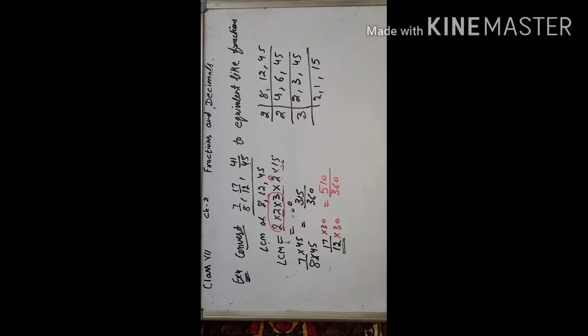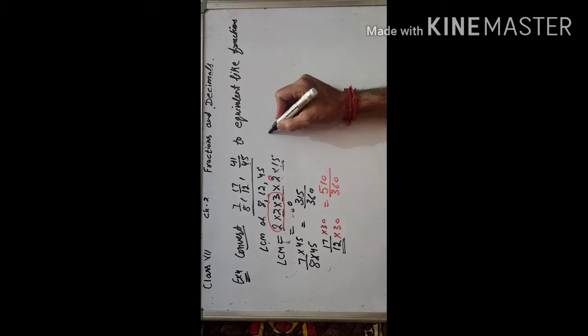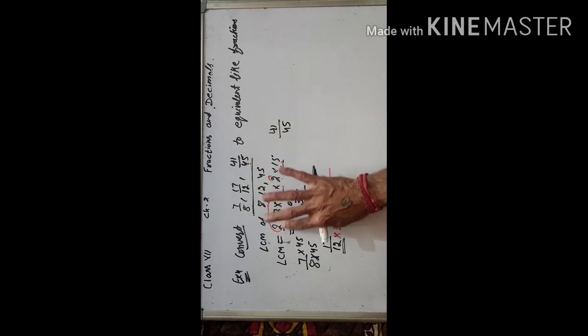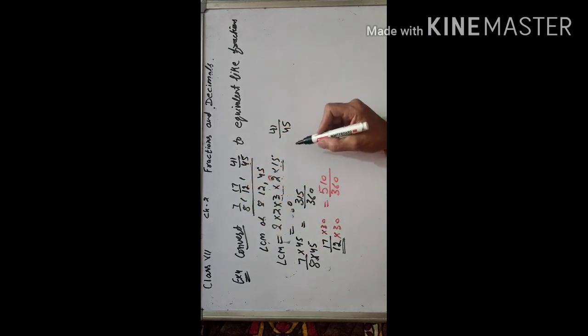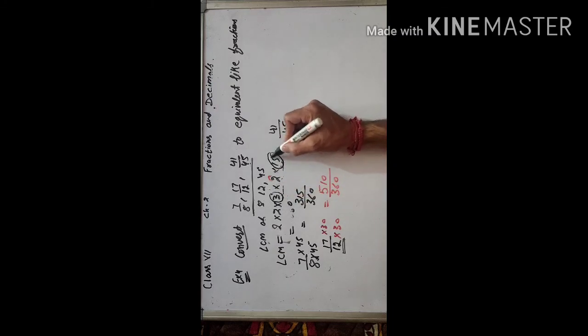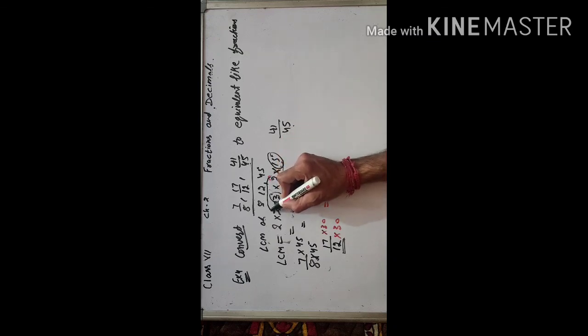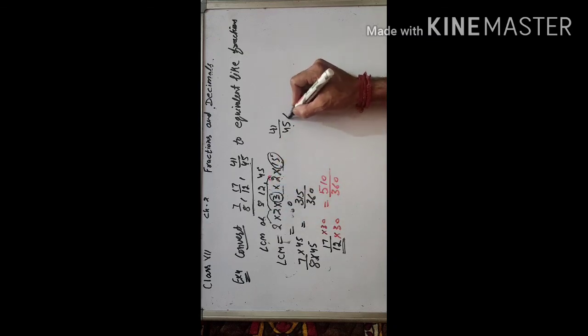Now see, the next fraction is 41 by 45. Now 45 is already there. 15 into 3 is 45. 45 is already there. Now we have to multiply by 8, so 3 to the 6, 2 to the 4, 4 to the 8. We multiply here 8 and 8.